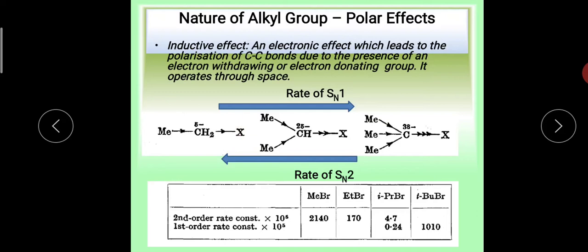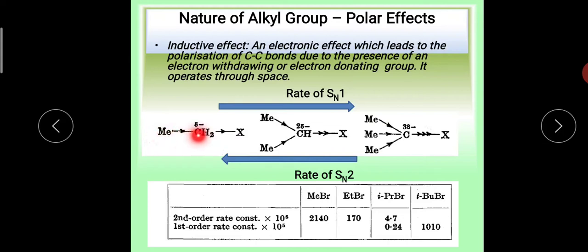As a result, when electrons are attracted towards your halide, the carbon which directly holds your halogen becomes slightly positive in nature. Okay, when this carbon becomes slightly positive, then this methyl and this carbon-carbon bond will become polarized. Initially, in the absence of halogen, the two carbons were chargeless.